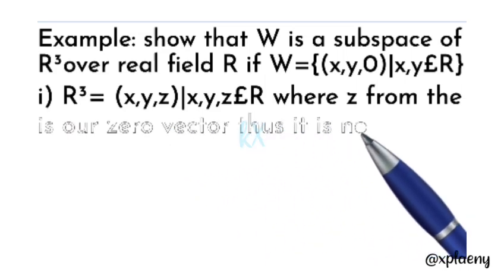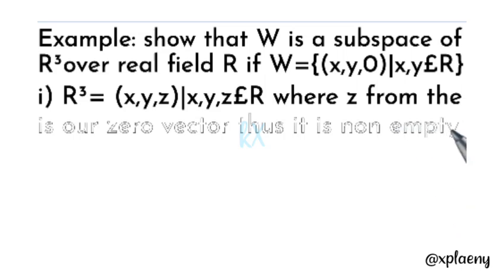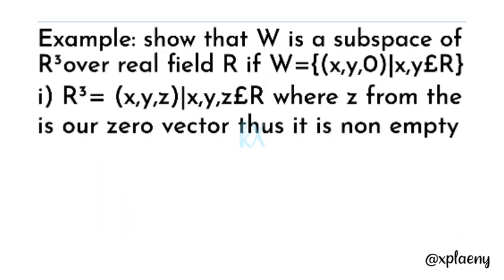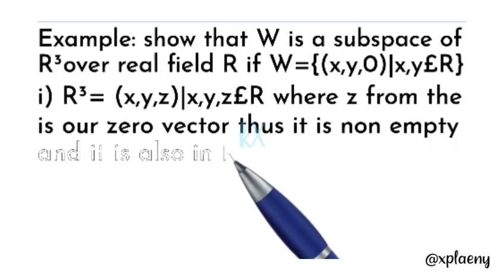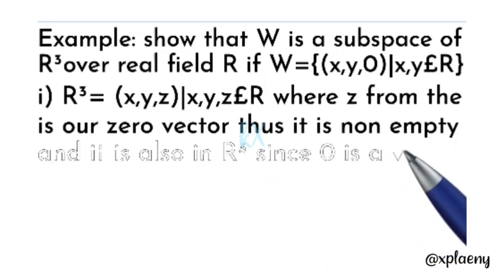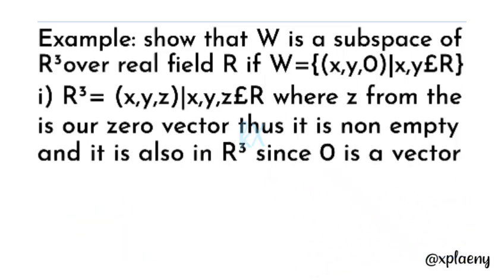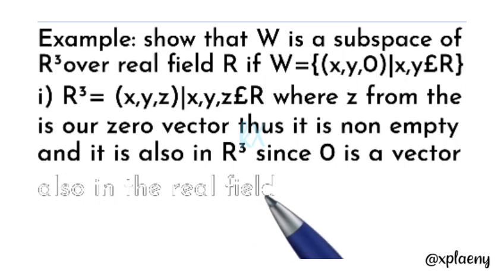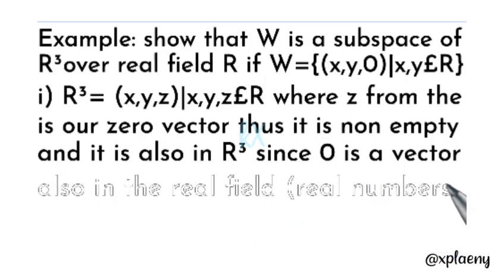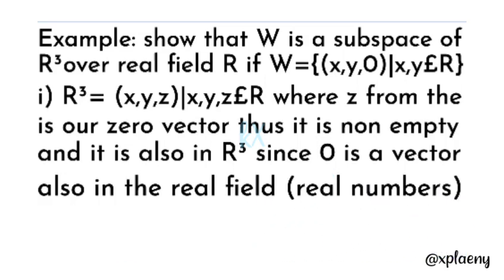In the question we notice that our z position is now 0, and 0, from what we have learned, is a special vector in our subspace. So 0 is also considered a vector. This proves that our subspace is not empty. This is our first property. And also there is a 0. There is a special vector 0 that is always in our subspace, whether given in the question or not, because 0 is also in our real field, that is the set of real numbers.